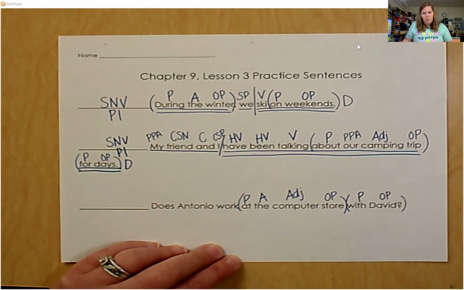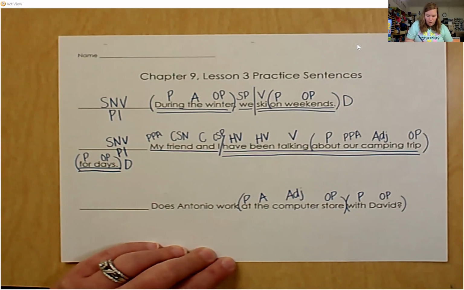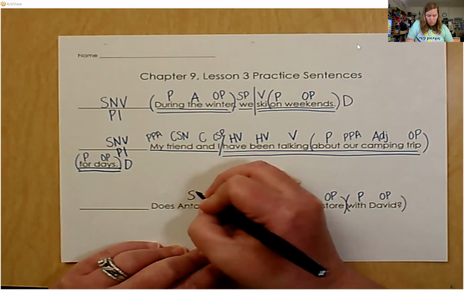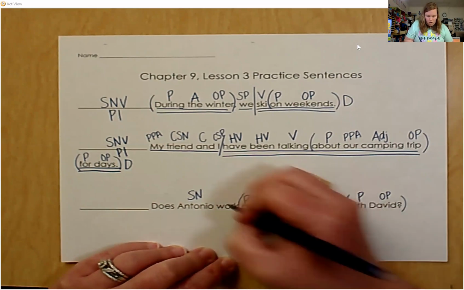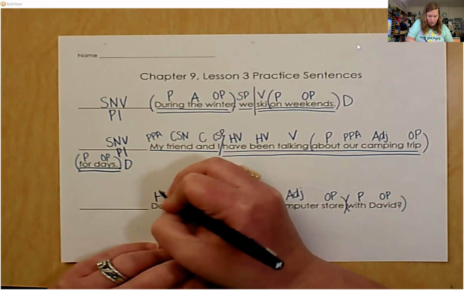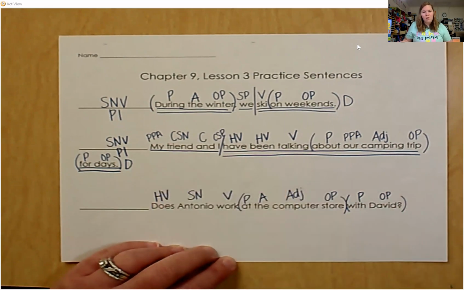What is the subject of the sentence? Who or what works? Antonio, subject noun. And what is being said about Antonio? What is the verb? Work. Does is a helping verb. Where do we divide this sentence?